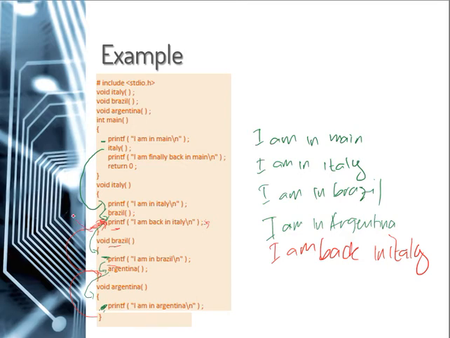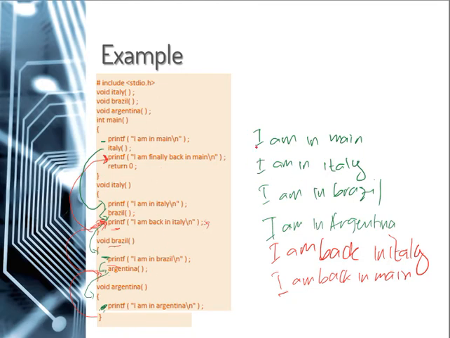So, this will return here, after the function call, and will print this one. Okay, so I am back in main. So, once it's printed, it will return 0 and your code has now ended or terminated.